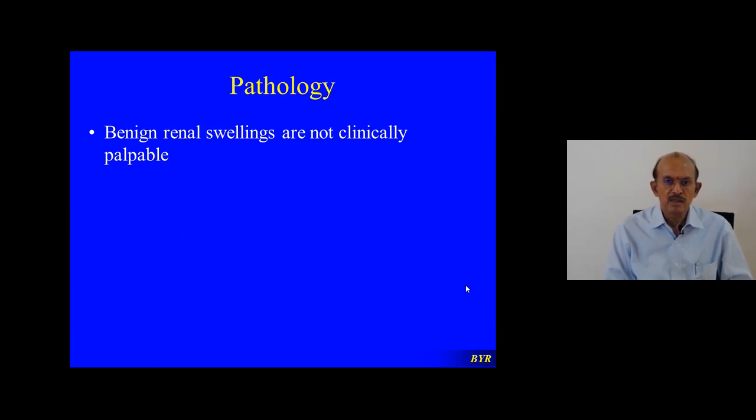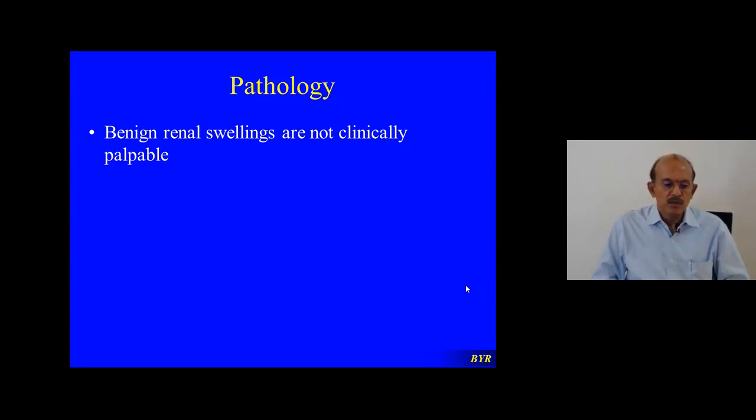Benign renal swellings are not clinically palpable. Can you tell me another example where benign swellings are not clinically palpable? Another organ where benign swellings are not palpable. Very good. Liver.